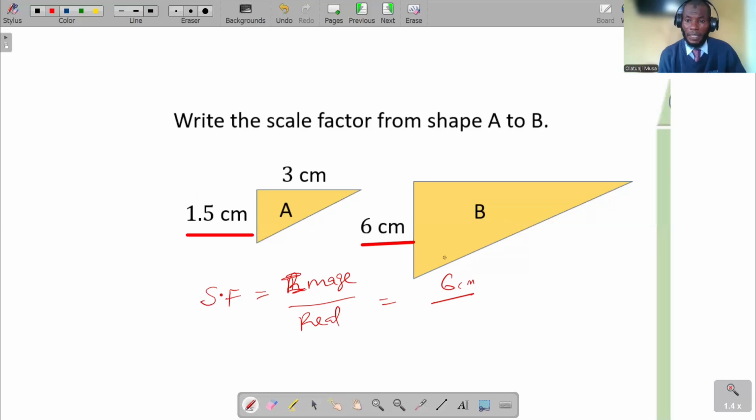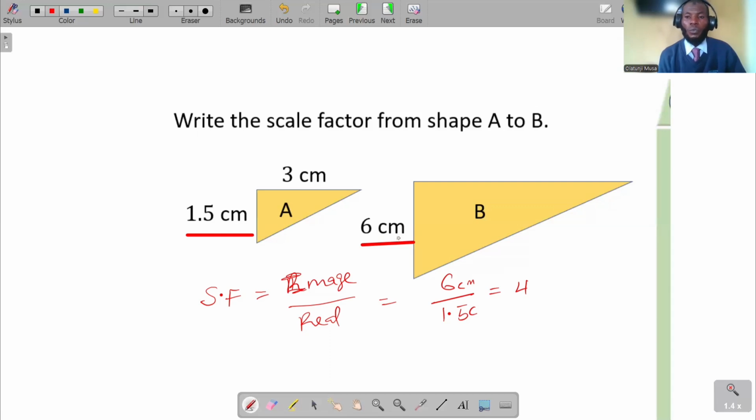6 centimeters divided by 1.5 centimeters, the corresponding size, gives us 4. The scale factor is 4.